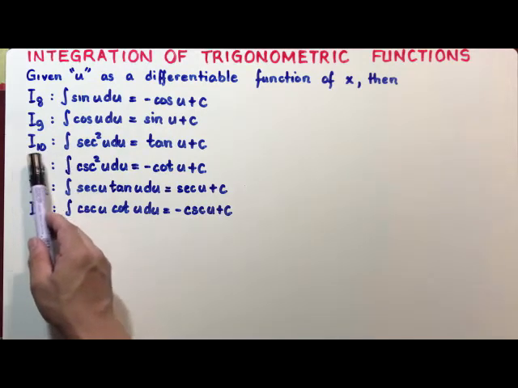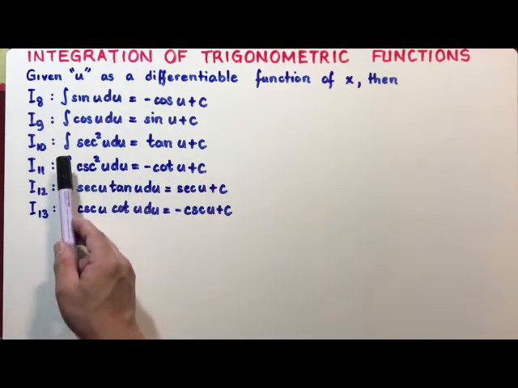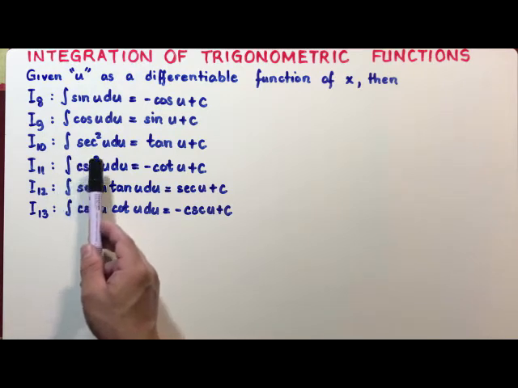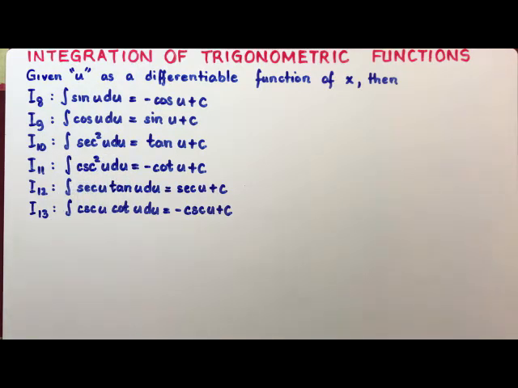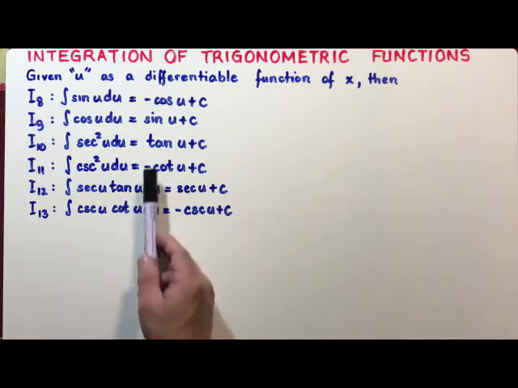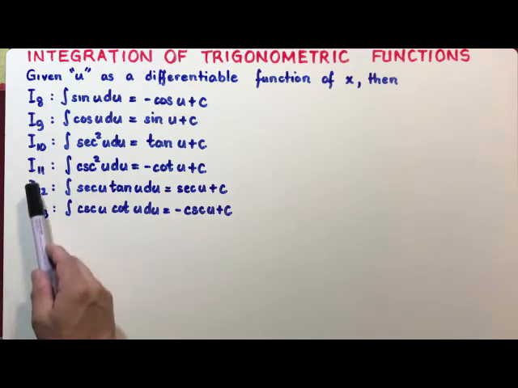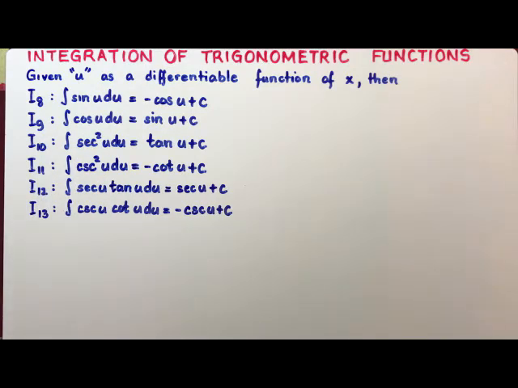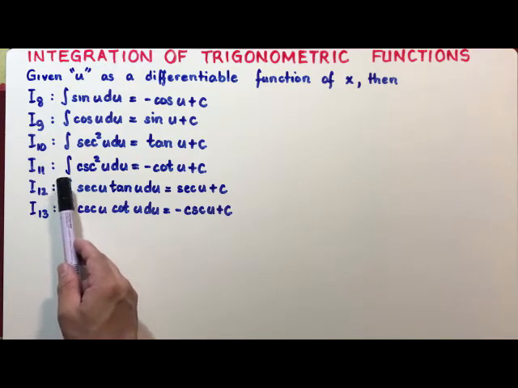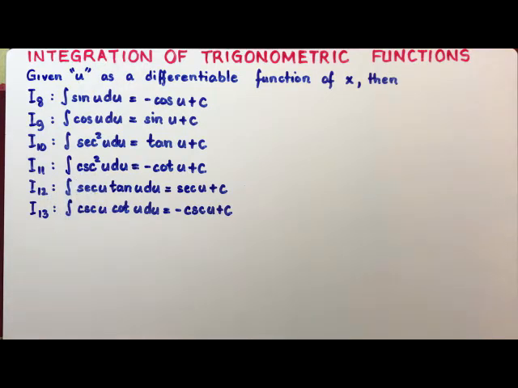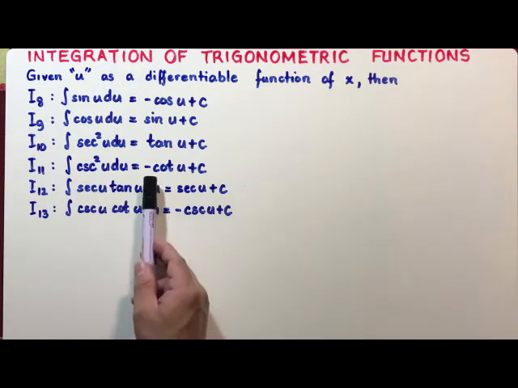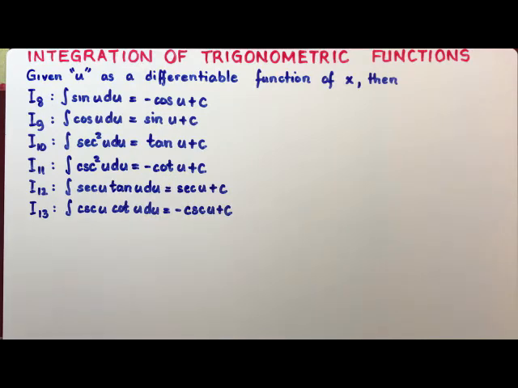Also in formula number 10, it states that the integral of secant squared u du is equal to tangent u plus c, because the derivative of tangent u plus c is secant squared u. Also in formula number 11, the integral of cosecant squared u du is equal to negative cotangent u plus c.